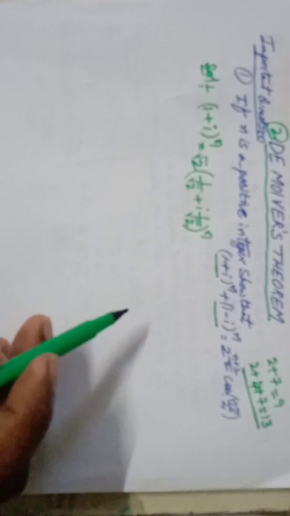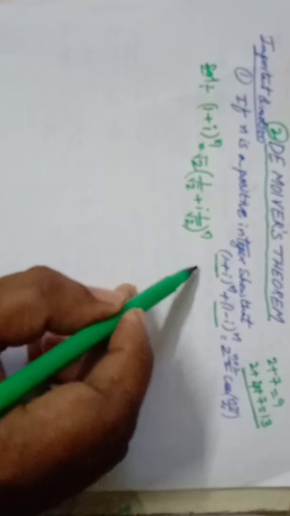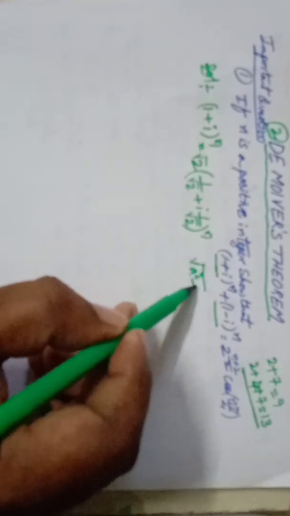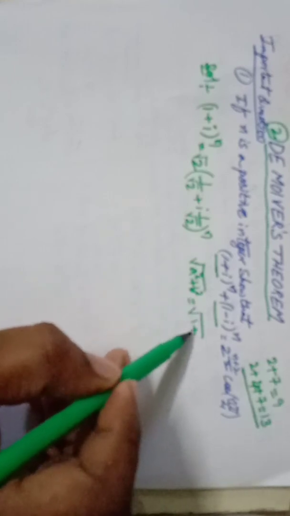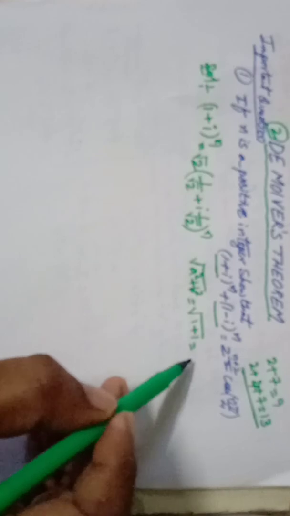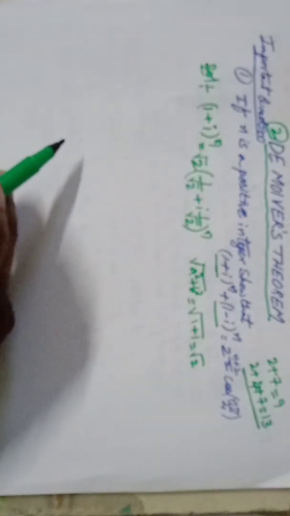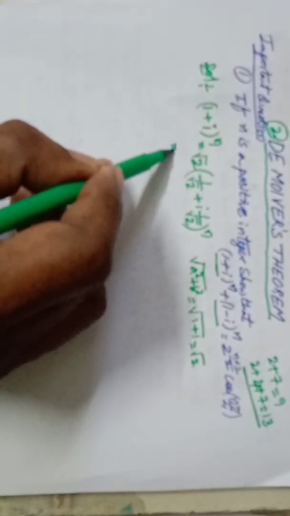So why are you dividing? Here, root of a square plus b square, so root of 1 and 1 is equal to root 2. That's why you are dividing with root 2. Now you have to write this in trigonometric form.